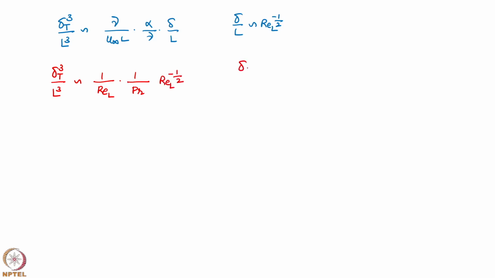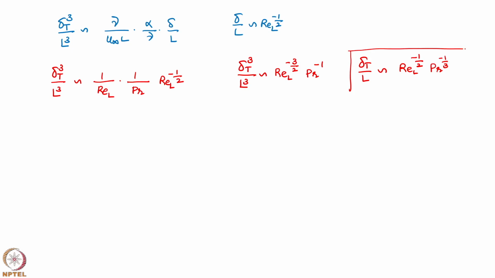So, I get delta T cube divided by L cube is of the order of Re_L to the power of minus 3 by 2 into Pr to the power of minus 1. So, delta T by L is of the order of Re_L to the power of minus half and Pr to the power of minus 1 by 3. That is what you get for delta T by L.